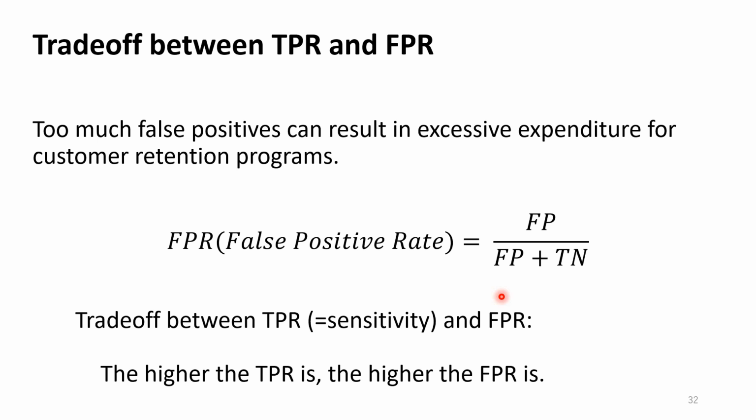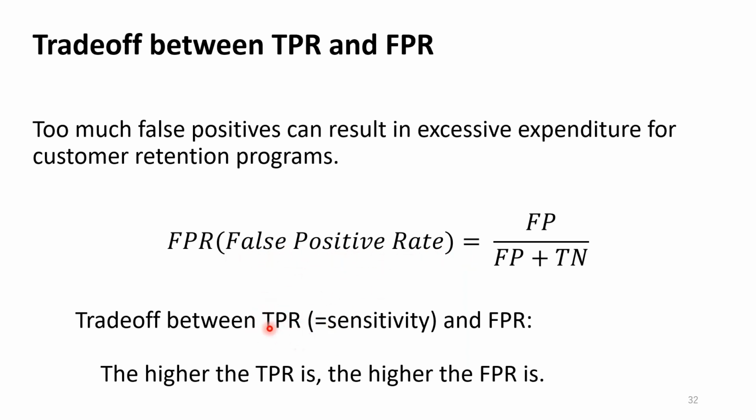We also need to pay attention to another metric called false positive rate, which means the ratio of false positives to the number of actual negative observations. That is the sum of the number of false positives and true negatives. And there is a trade-off between sensitivity and the FPR, false positive rate.